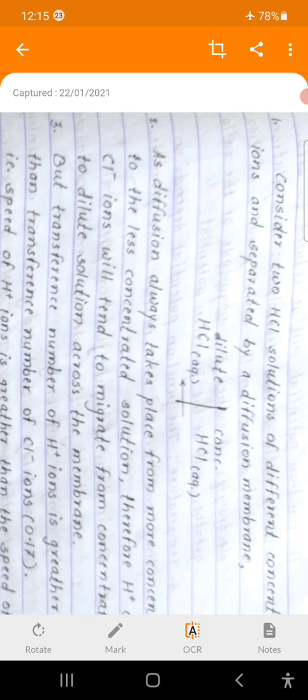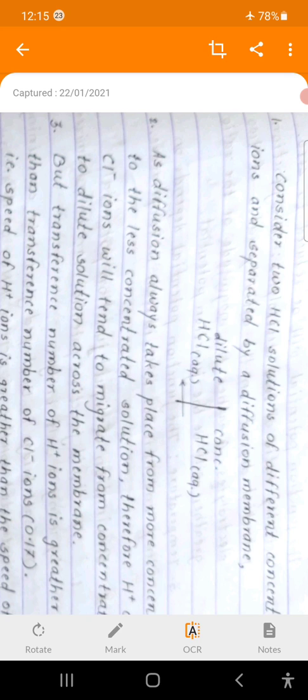We say here the current carrying capacity of that ion is directly proportional to the transference number, and also directly proportional to the speed of that ion, and speed in that medium depends on many factors like size of that ion and charge density of that ion.